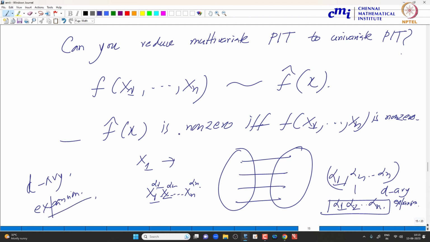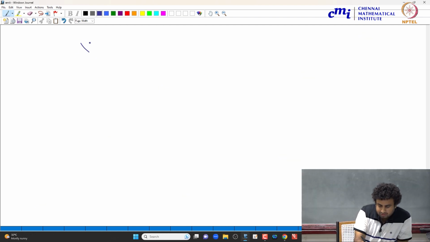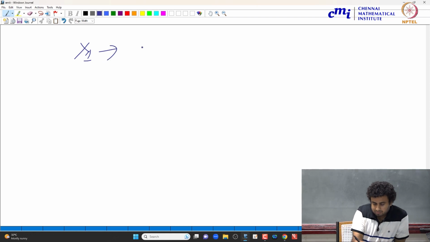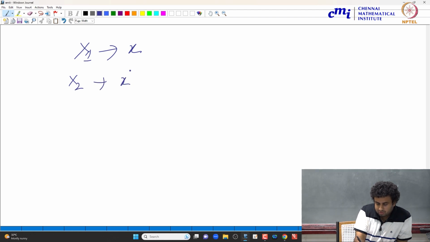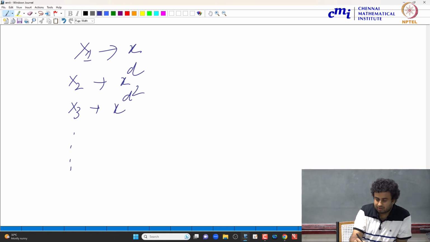So you can do it like this. You map x1 to x, x2 you map to x to the power d, x3 you map to x to the power d squared, and so on. In this way you can create this base-d expansion.